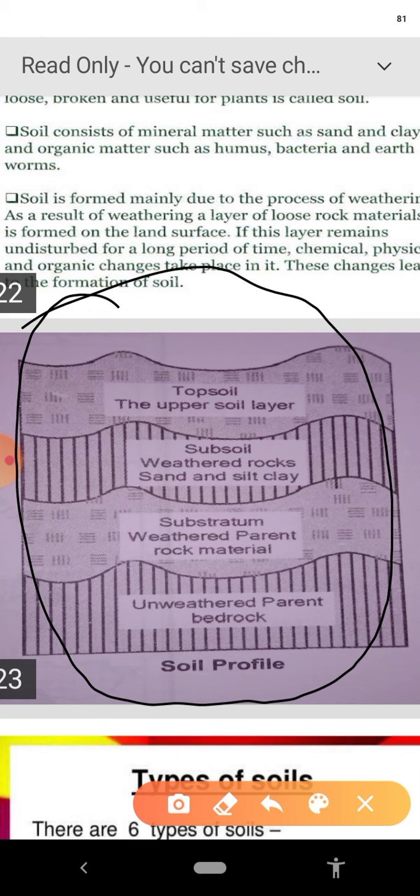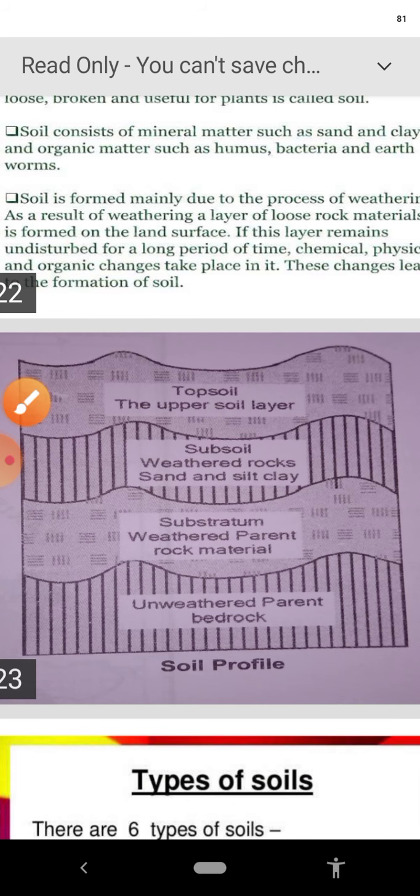So now let us discuss some of the important factors which have played a significant role in the formation of the soil. First one, we'll discuss the parent rock.